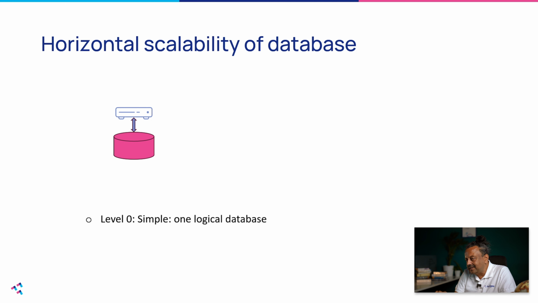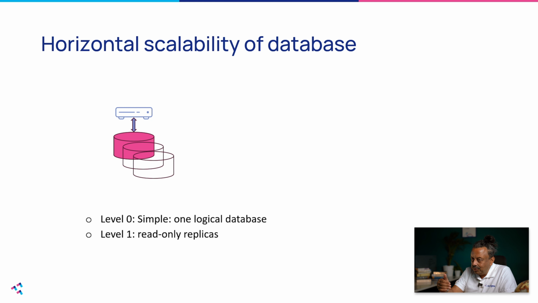The simplest architecture is that college student architecture, which is one application server and one database, as the diagram shows. One box on top, one database below. The next level is your read-only replicas. You have one database which is read-write, and multiple read-only replicas of it, which can handle all your queries. So you immediately start splitting queries to the replicas and doing the updates on the master.